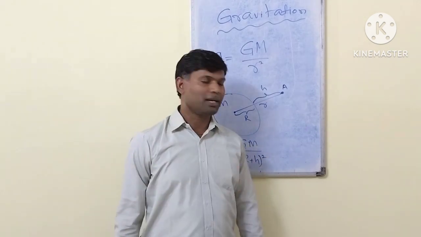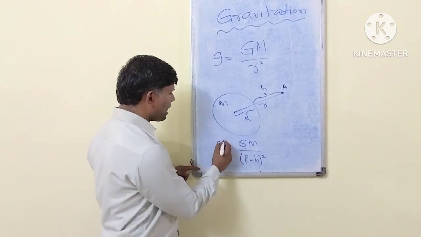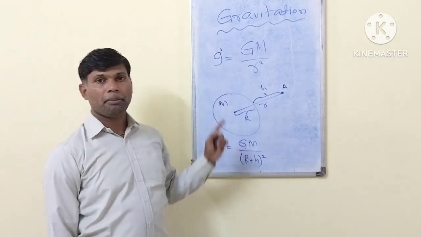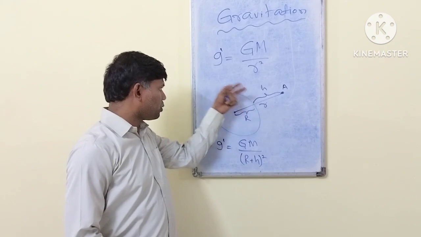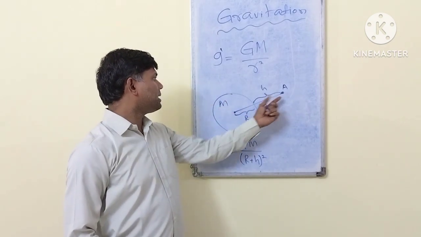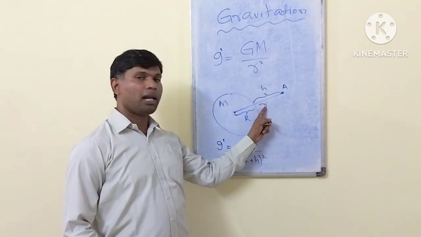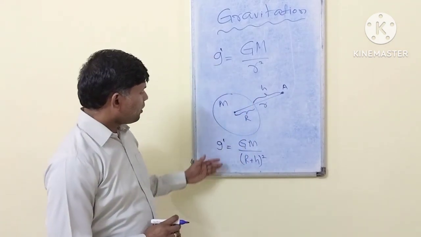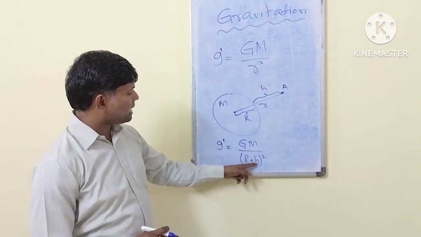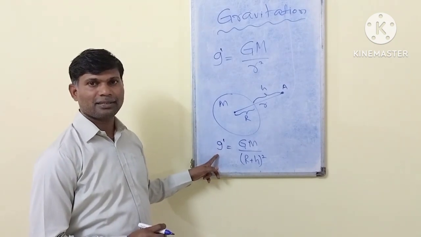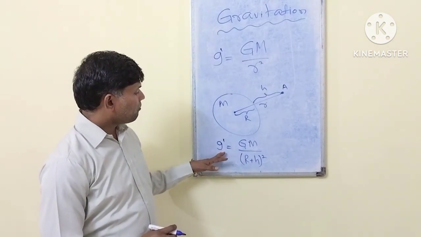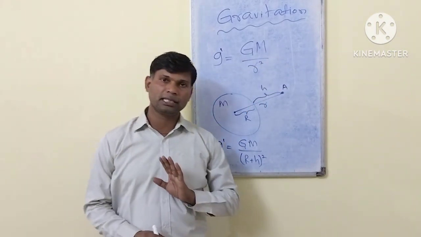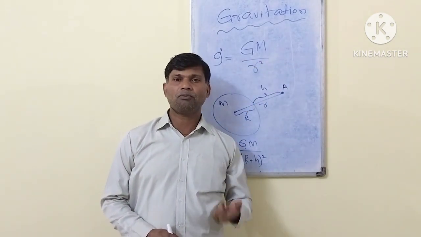This is g prime I am calling, because this is the acceleration due to gravity due to the earth at a distance of small r, that is nothing but R plus h. Agree? Now by seeing this, as h is increasing, g decreases. So if you go away from the earth, g is decreasing. This is understood.